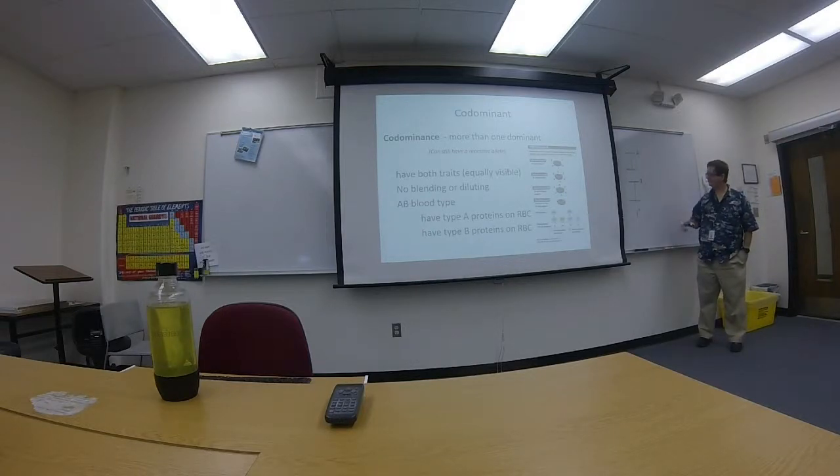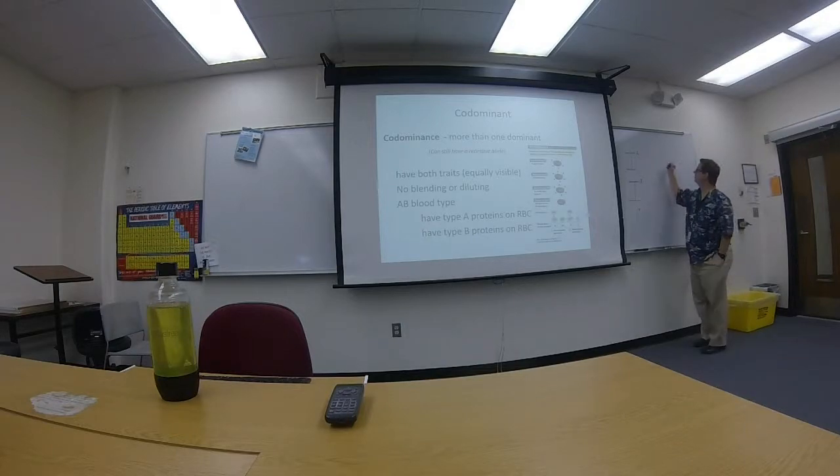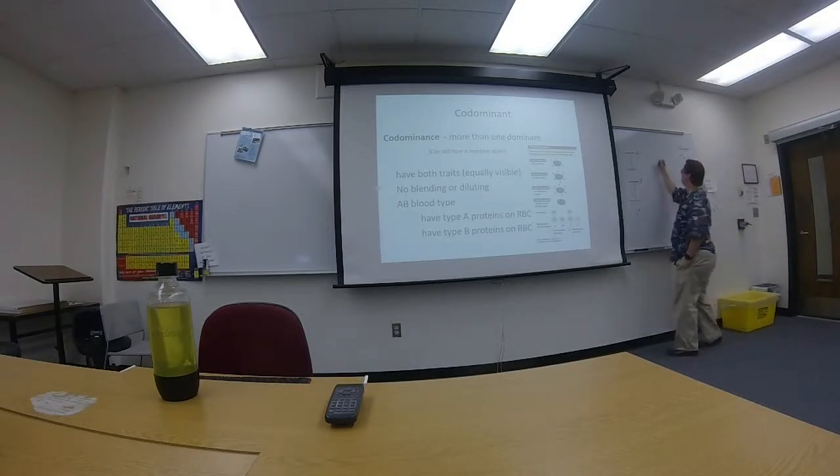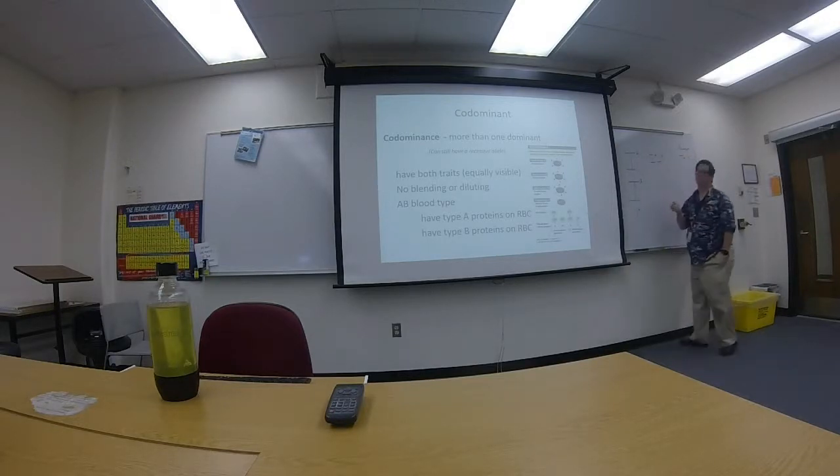So, let's just write down some genotypes and phenotypes, okay? Let's do it a little bit backwards. We'll have a phenotype of type A. There are 2 different ways you can get type A. Do you agree that you could be homozygous for A? Yeah, that's obvious. So you could be like that, right?